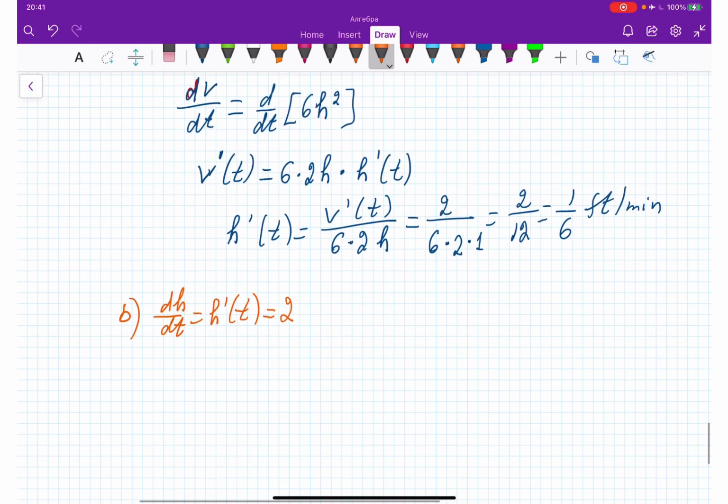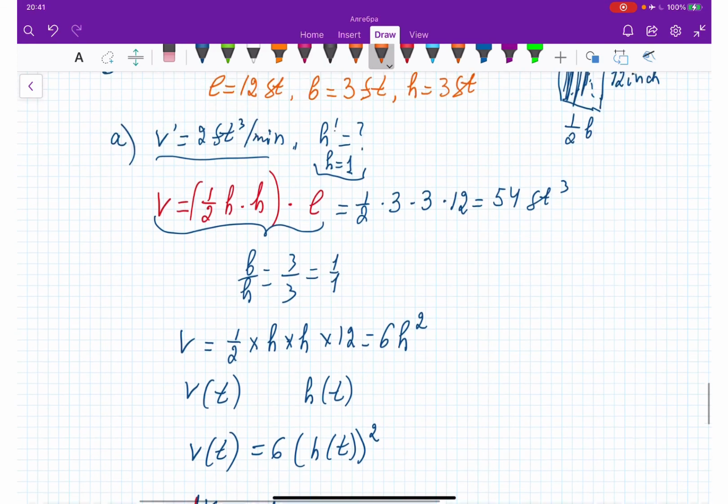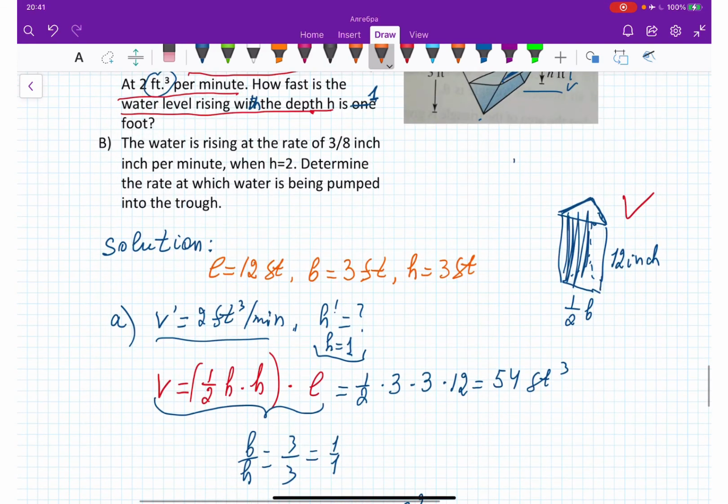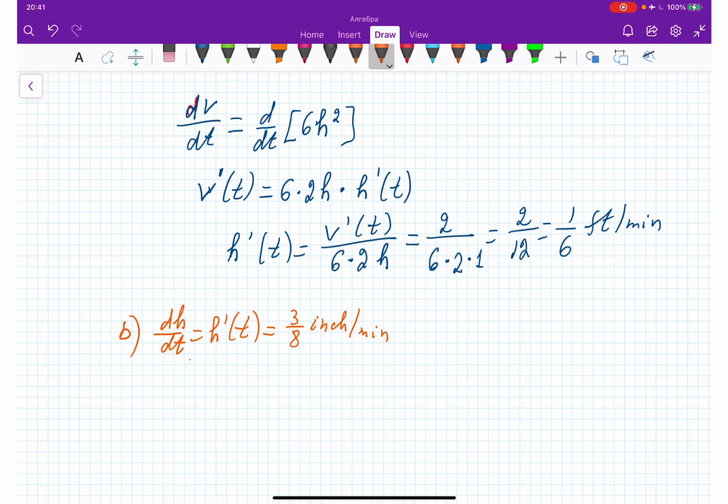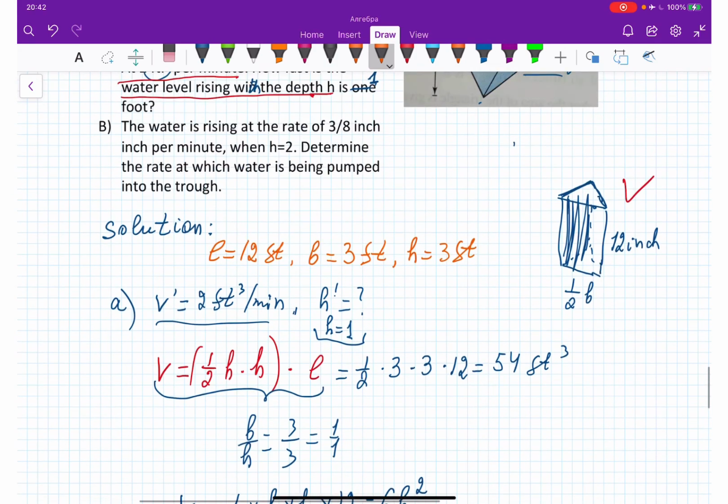Wow, it's inch, it's not even foot, so we have to do a conversion. 3/8 of an inch per minute. Okay. It doesn't say what h is equal to.